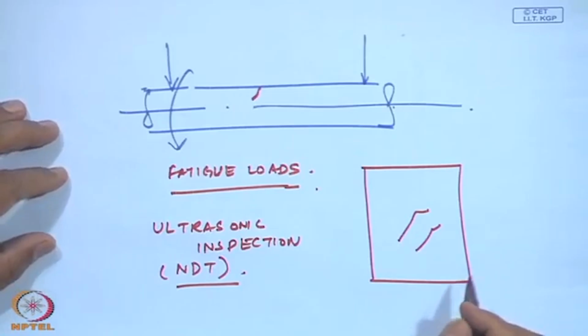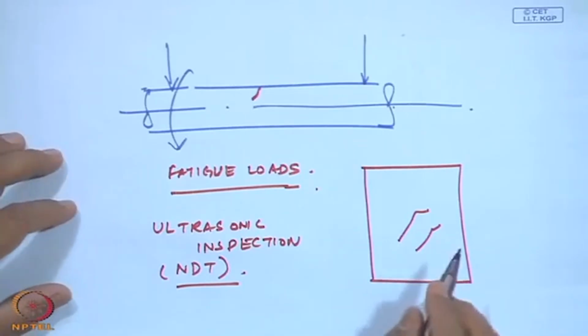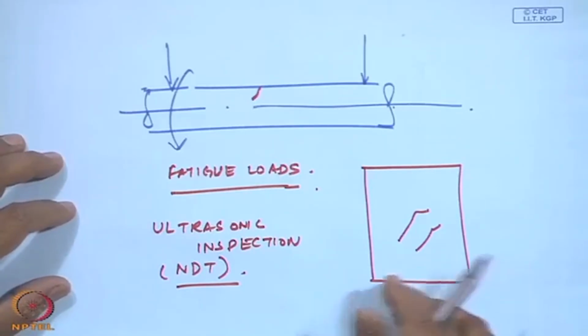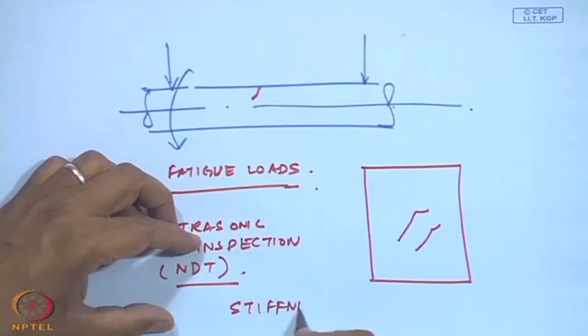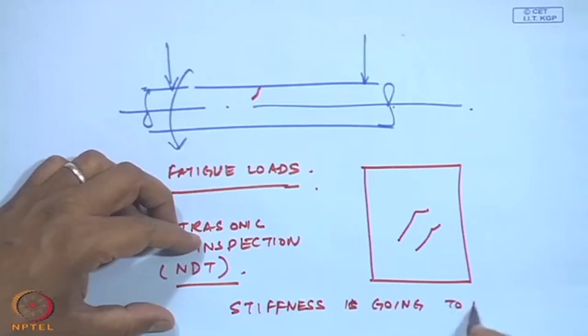But one thing you will notice here: if a crack has occurred, the local area around the shaft is not going to be that stiff. Its stiffness is going to reduce.